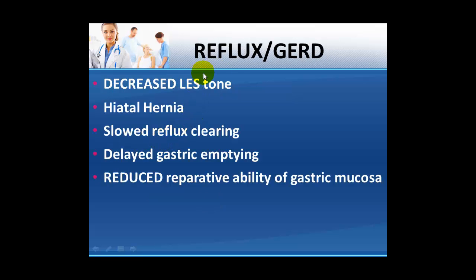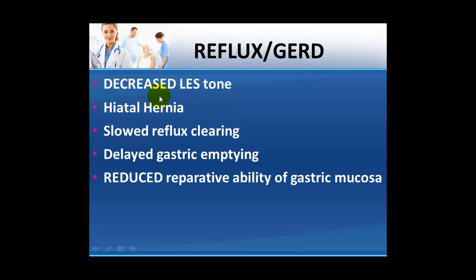Now, coming to reflux esophagitis or gastroesophageal reflux disease, the main thing that happens in this case is decreased lower esophageal sphincter tone. As we have discussed earlier, the lower esophageal sphincter is not an anatomical sphincter. You don't really see a lot of muscular fibers over there, so it is just a sphincter having a functional property.